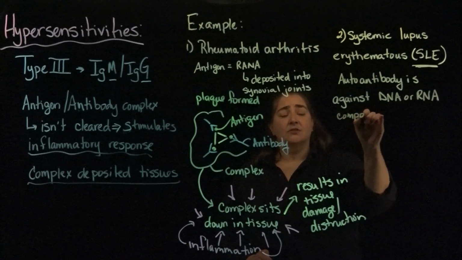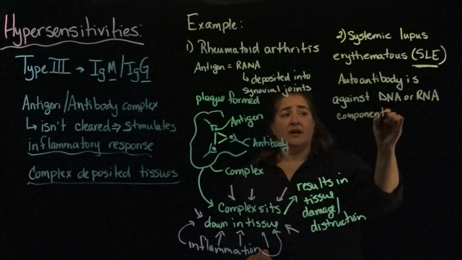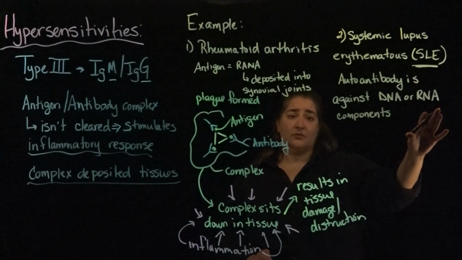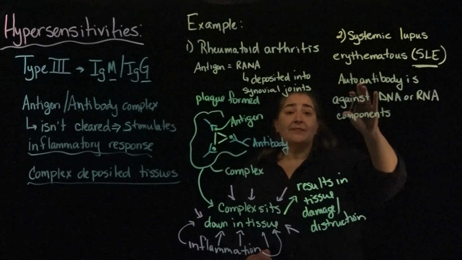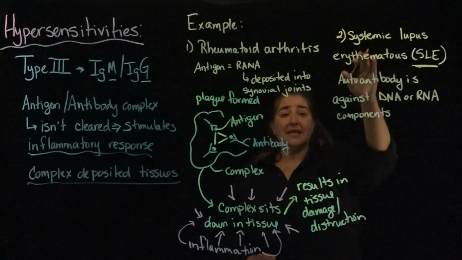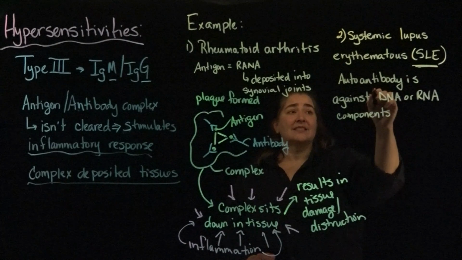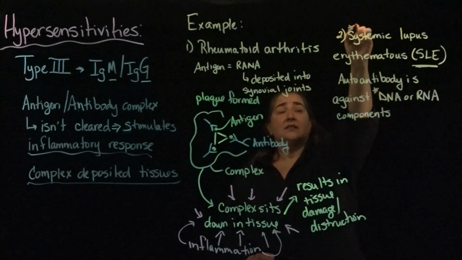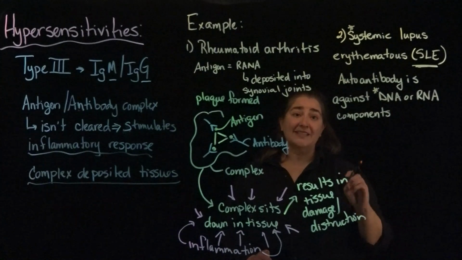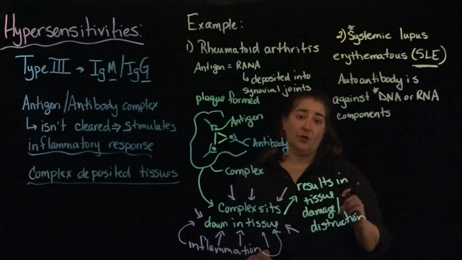So something that makes up the nucleotide or makes up that double-stranded DNA helix or single-stranded RNA molecule, that's what's being recognized as foreign. The reason this is systemic is because it's recognizing the individual's own DNA as being foreign.